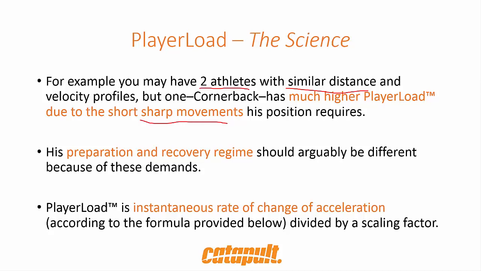Player load is basically an instantaneous rate of acceleration, and I'll show you this formula here shortly. And what we get from that, by dividing by a scaling factor, is this nice whole number, so we can see from a team view, let's say, where everybody stands in terms of this one metric.